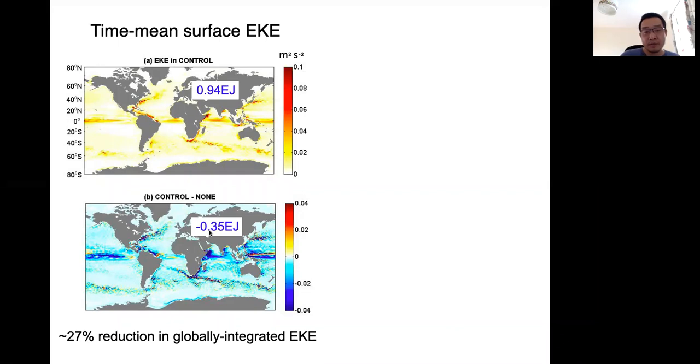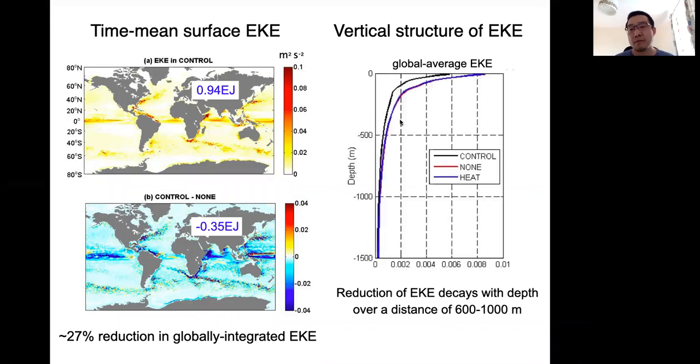And the difference is quite big. Overall, the globally integrated EKE is reduced by about 27% when the relative wind stress is used. And this reduction is not confined to the surface. This shows the vertical structure of EKE in the three experiments.